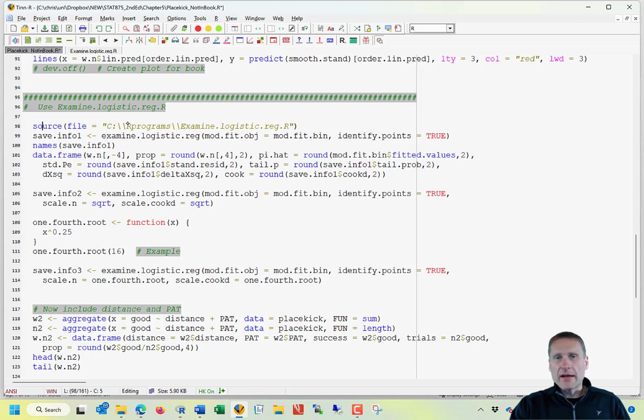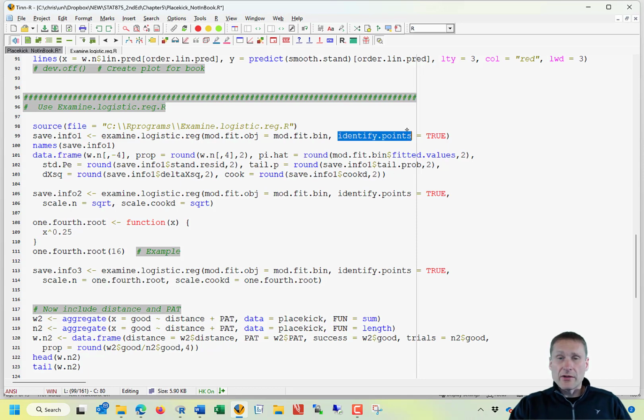Okay, so let's go ahead and try this particular function. examine.logistic.reg. The first argument here is mod.fit.obj, your model fit object. I've saved my results from glm into mod.fit.bin. I'm also going to put an argument here called identify.points equal to TRUE.